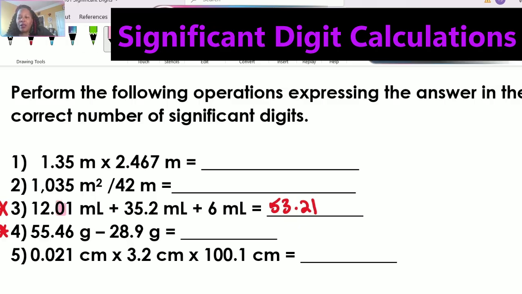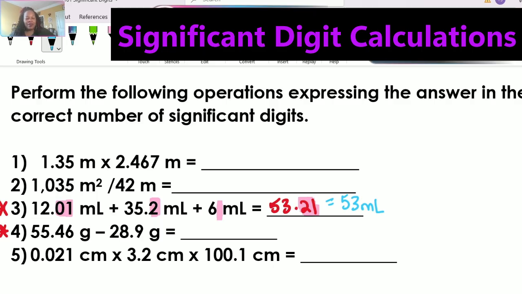We've got two significant digits after the decimal in 12.01. We've got one significant digit, and then we don't have anything right here. So that means we're going to go with the least amount of decimals. So yes, the answer would be 53. Okay? That is the final answer, 53 milliliters.